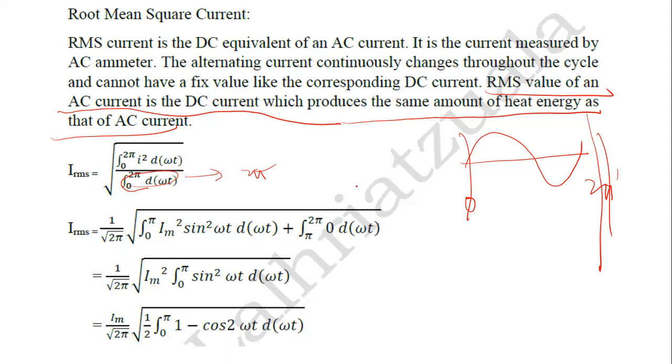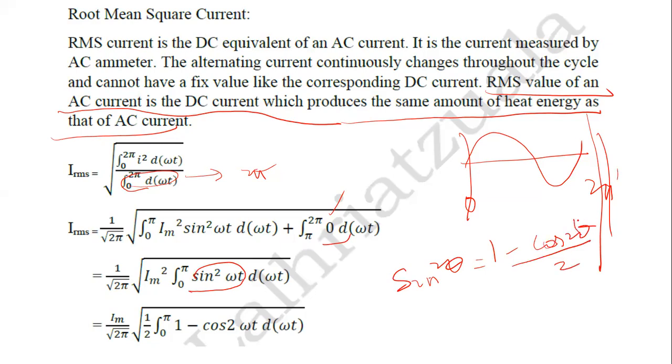If you integrate this, your I_m square, sine square, and all these things, during the cycle π to 2π, it is 0. So you can take out I_m as a common factor, and you can write sine square θ as (1 minus cos 2θ) upon 2, right?